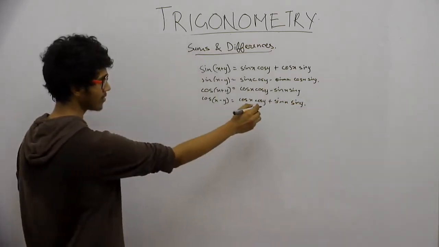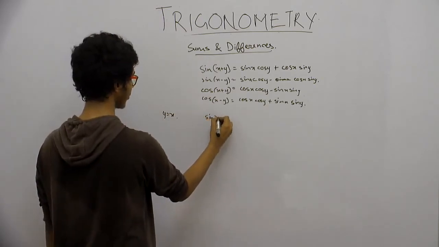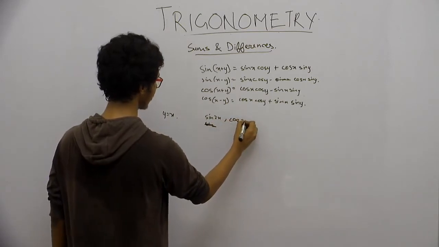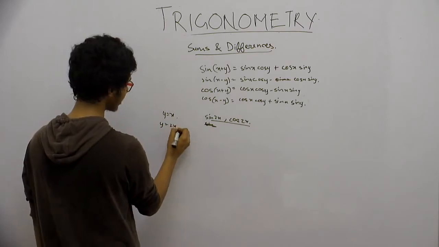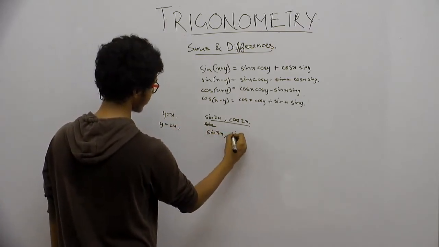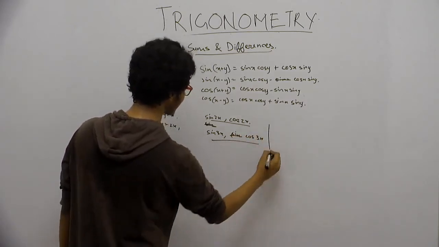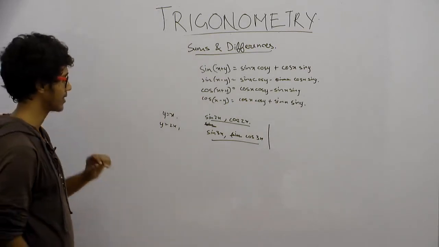If you put the value of y as x, you can easily get sin 2x and cos 2x. When you find these, if you put y as 2x, you can get sin 3x and cos 3x. I would suggest that you try these, work them out, so that it helps you a lot.